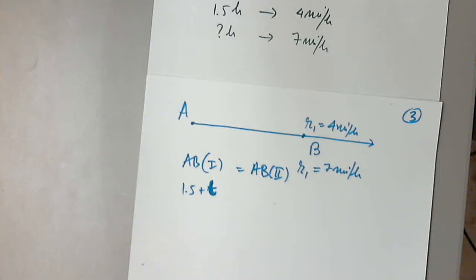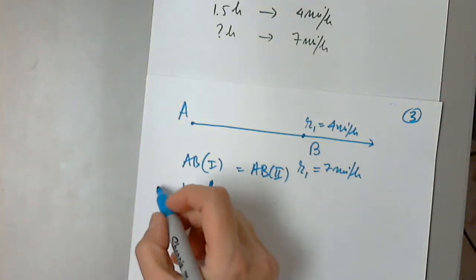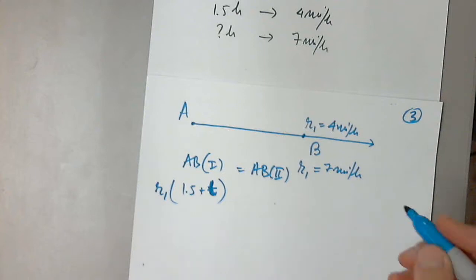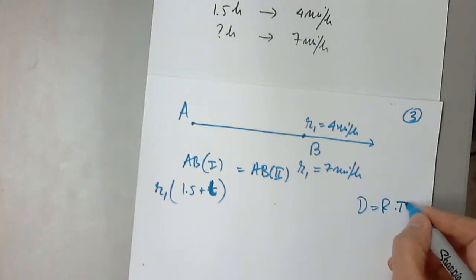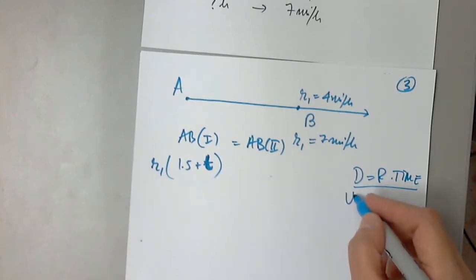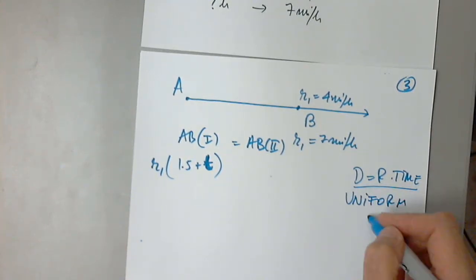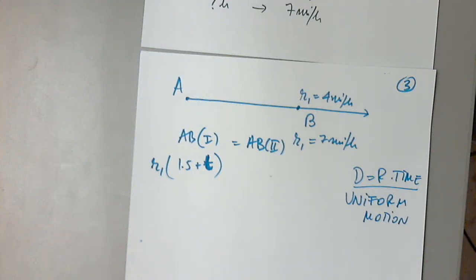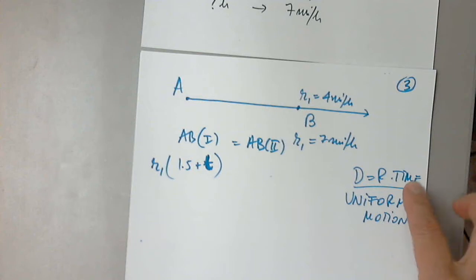The first person covers distance AB in R1, so distance equals rate times time. There is an assumption here of uniform motion, which we know is not entirely correct. It's not possible unless I walk till I get to 4 miles an hour and then my speed will be uniform. But anyway, we assume that it's uniform motion and distance equals rate times time.